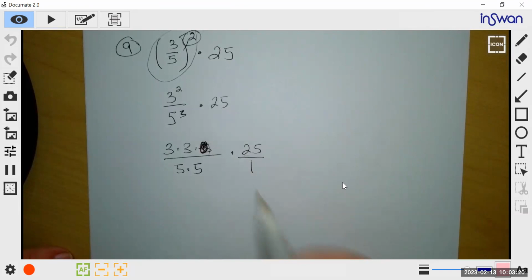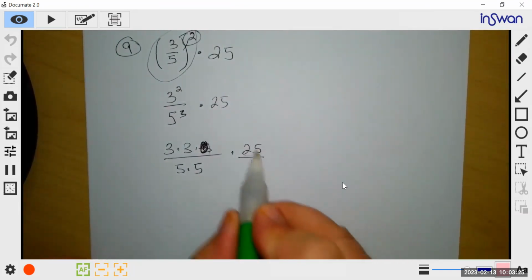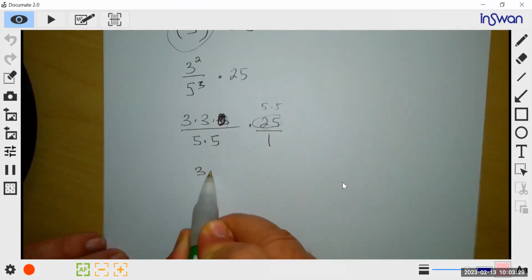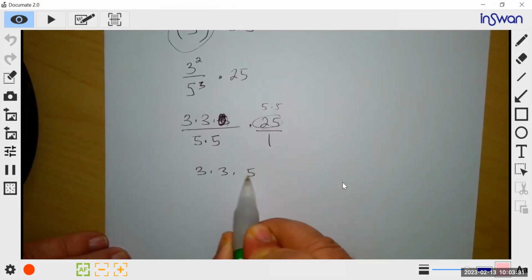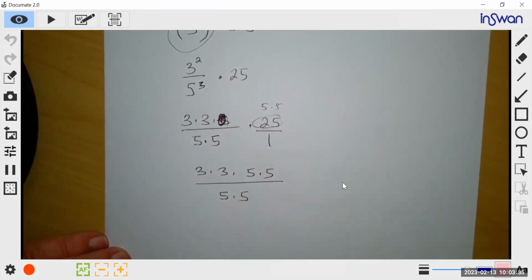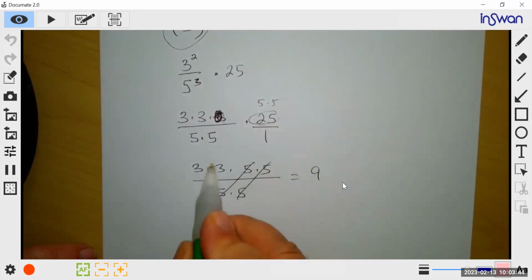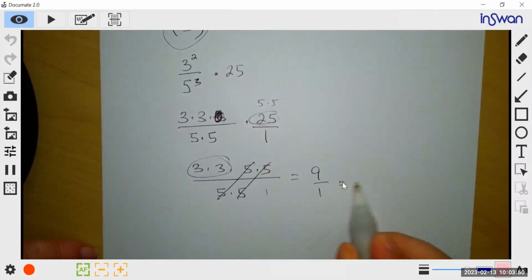That's written as 25 over 1. What's 25 made up of? So we have 3 times 3 times 5 times 5 over 5 times 5. Can anything cancel? So the answer is, since there's nothing on the bottom, there's a 1. So it's 9 over 1, which makes it 9.